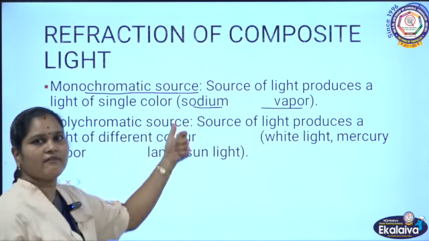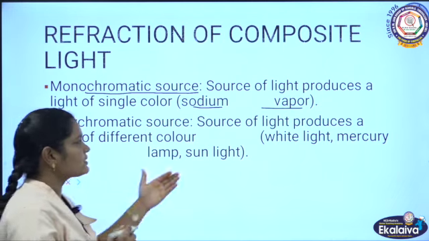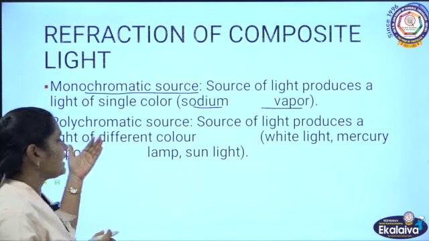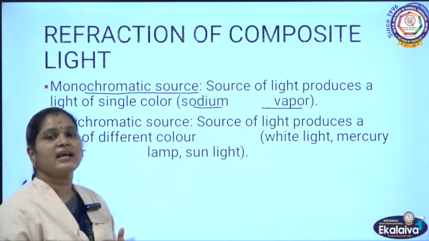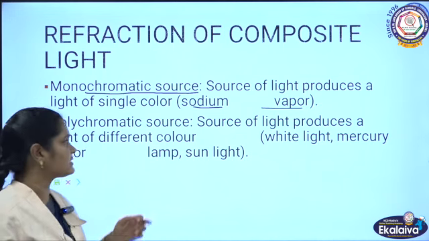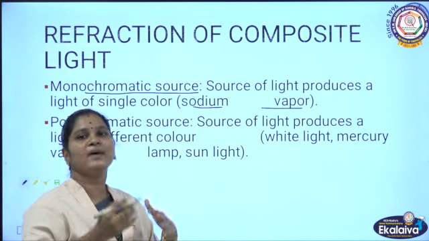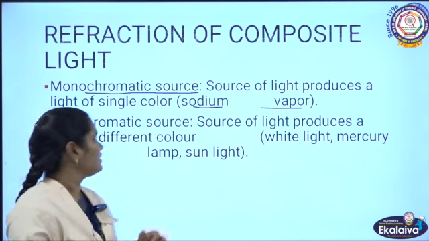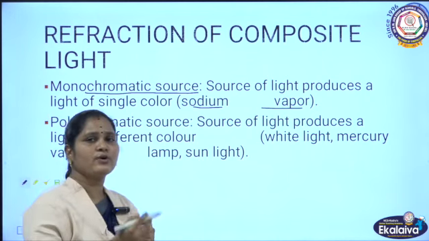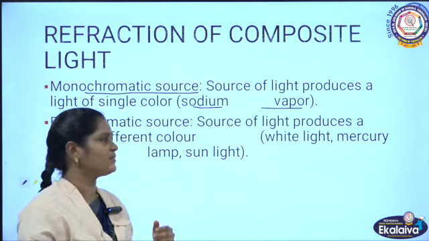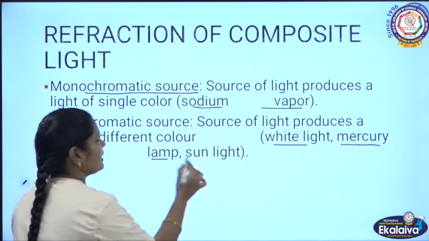Suppose a source of light produces light of different colors, or multicolors. That source of light we call a polychromatic source, because it has the ability to produce multiple or different colors. Sources which produce different colors are white light, mercury vapor lamp or sunlight.